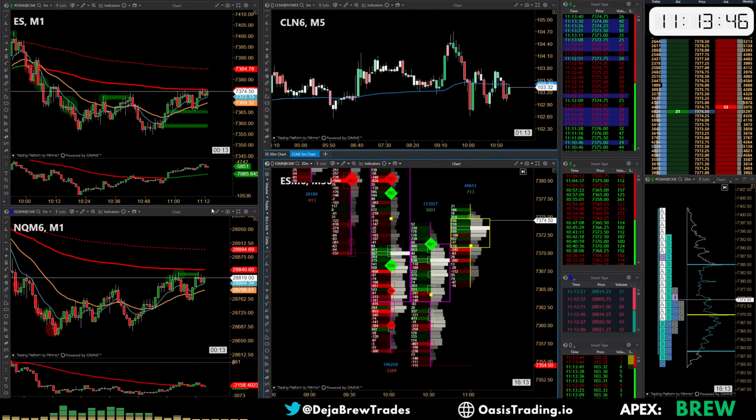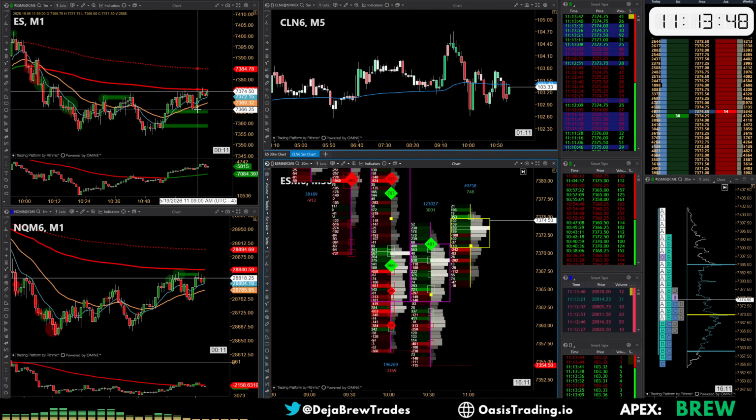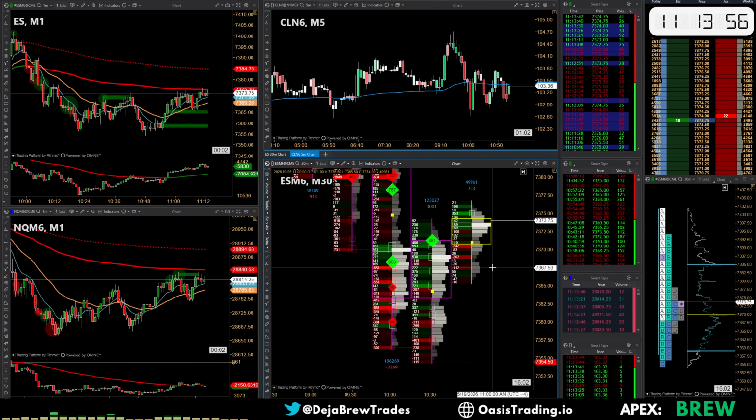Not seeing that bear flag in the VWAP here. You tried to fail VWAP, bounced off the 24. As long as it stays above that 24, you're trending through VWAP here. You need to lose that trend.